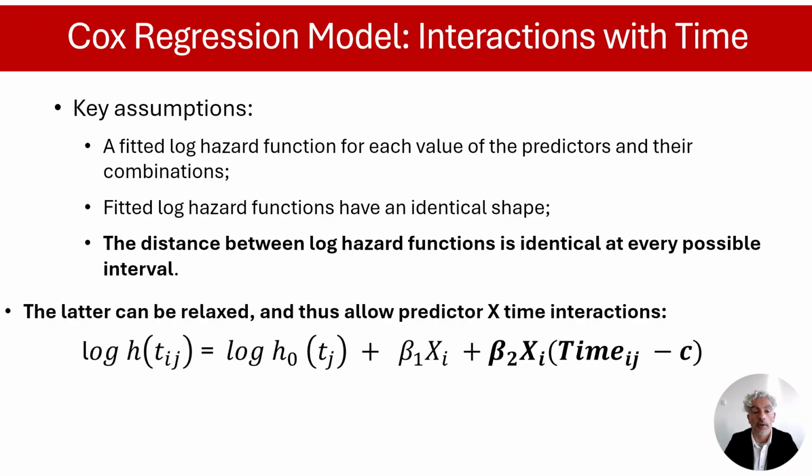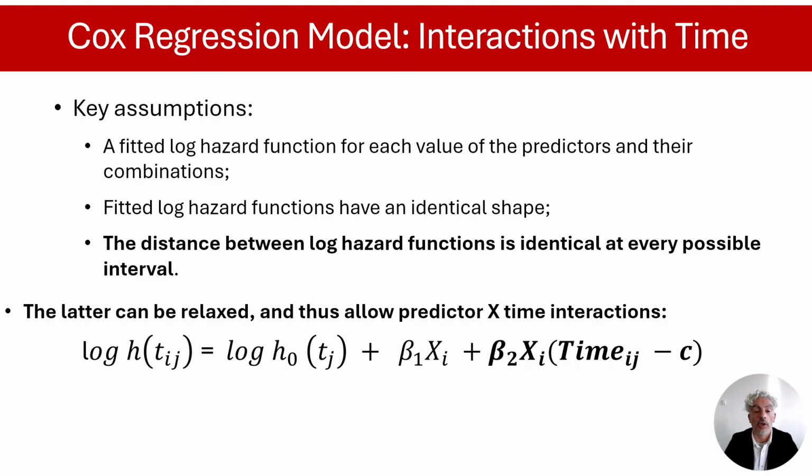So the log of the hazard function for an interval j and individual i is equal to the log baseline hazard function at interval j plus the product of the individual's values of predictor x and the beta 1 coefficient. So this is the basic Cox regression.